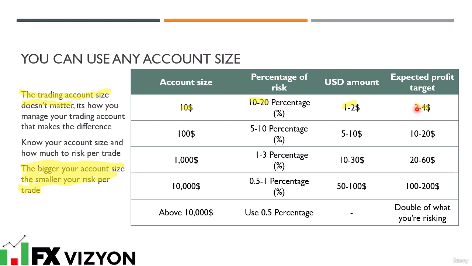Then if you have just 1 winning trade, you will cover your loss. You will be at break even. No loss, no profit if you win just 1. So for every 2 trades you lose, if you get just 1 trade in profit, you would have recovered your loss, right?